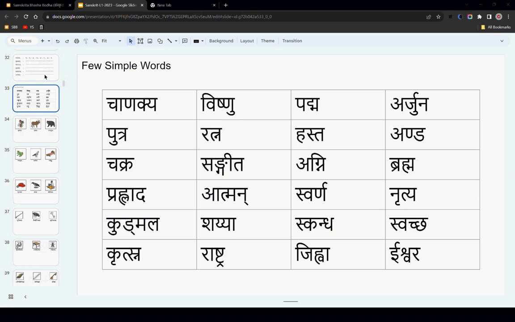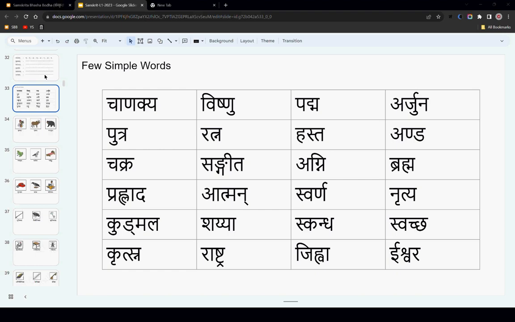Sangeeta, Agri, Brahma, Prahlad, Atman, Swarna, Nritya, Kamal, Kudumala.